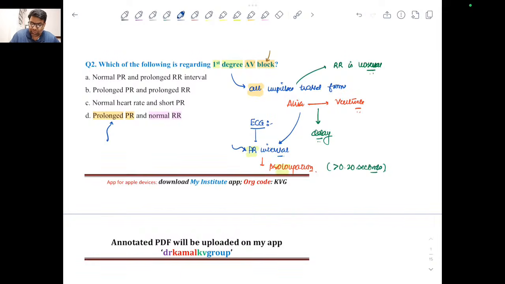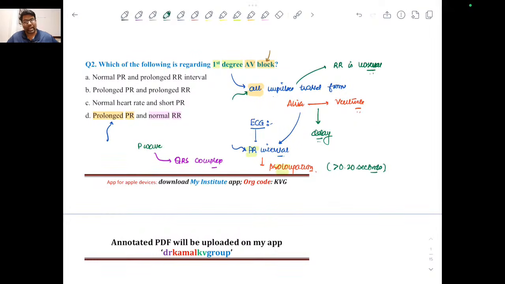And the second point which you should know is that all impulses which are traveling from the atrium will reach the ventricle. It means every P wave will be followed by a QRS complex, right? We know that P waves are because of atrial depolarization and QRS complex because of ventricular depolarization.